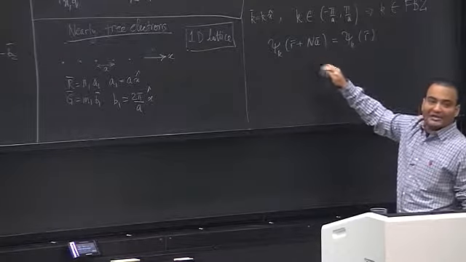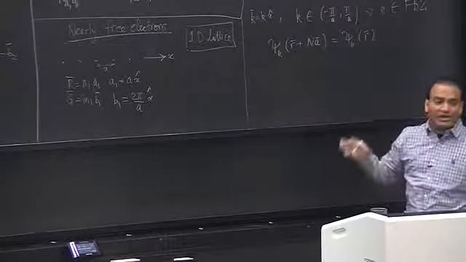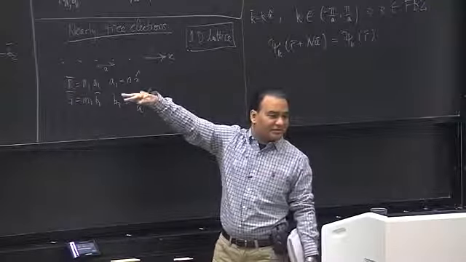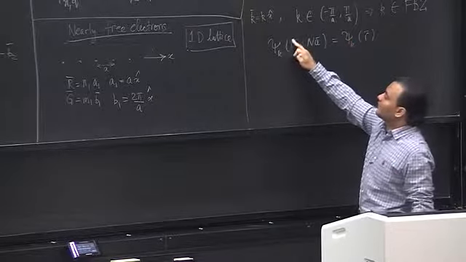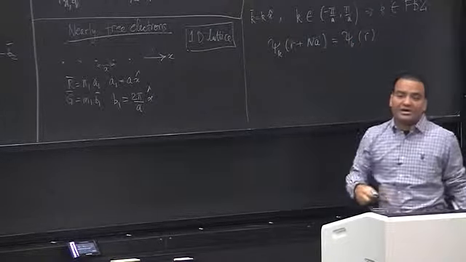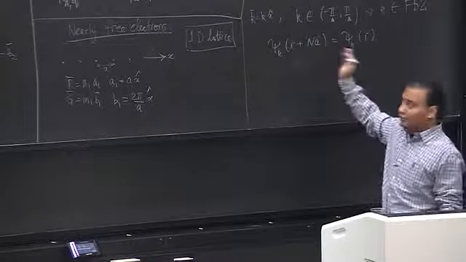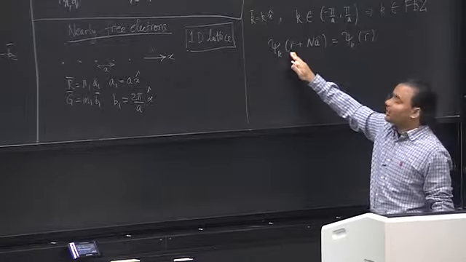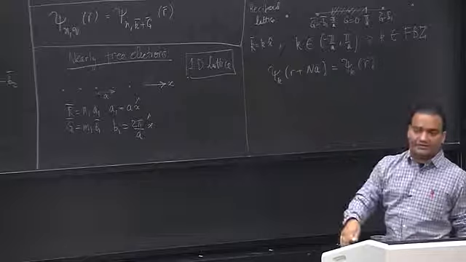If you add to any point, NA is the total length of the system. So A is this vector, N times A is the whole system. Because it's a one-dimensional system, we don't have to burden ourselves with these vectors. They're all along the x-axis. NA is the total length. If you translate the system by this, you get back to that point.